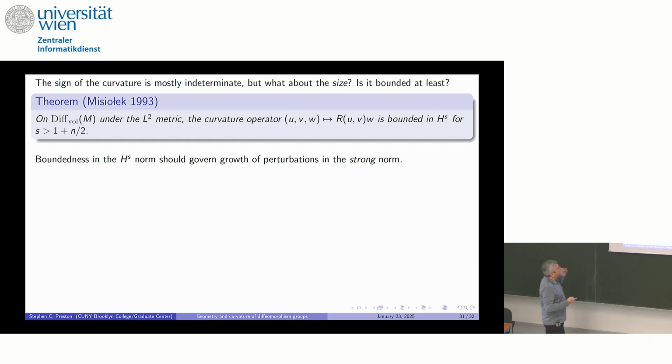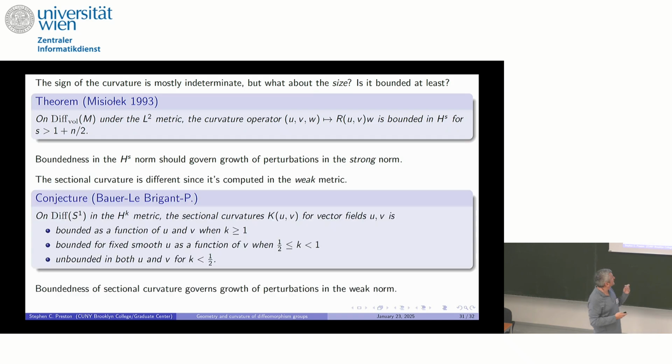So the one other question that we've started addressing is this conjecture, working with Elise Lebrugant and Martin Bauer, just the simplest possible case I can think of, where you could try and establish whether this is true. What's the tuning parameter for k? In the simplest case of Diff of the real line or Diff(S^1), what it seems happens is, certainly for k less than 1/2, remember k equals 1/2 was the bare minimum to make anything work, when k is less than 1/2, certainly you can compute the curvatures unbounded.